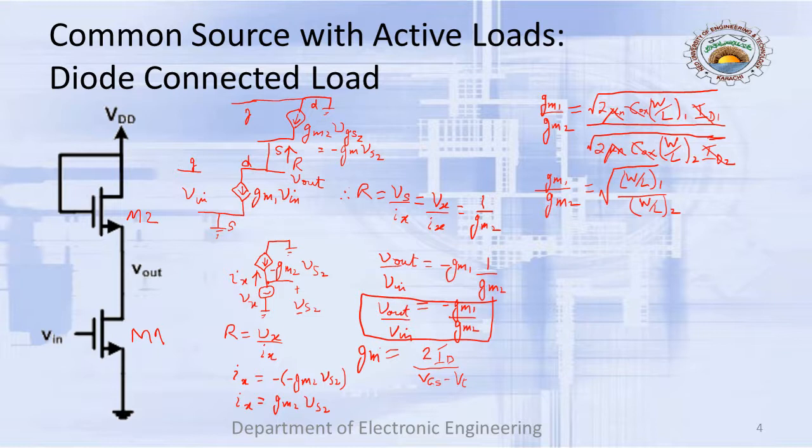We can represent the gm. If we look at gm, then gm as we know it is equal to 2ID over VGS minus VT.